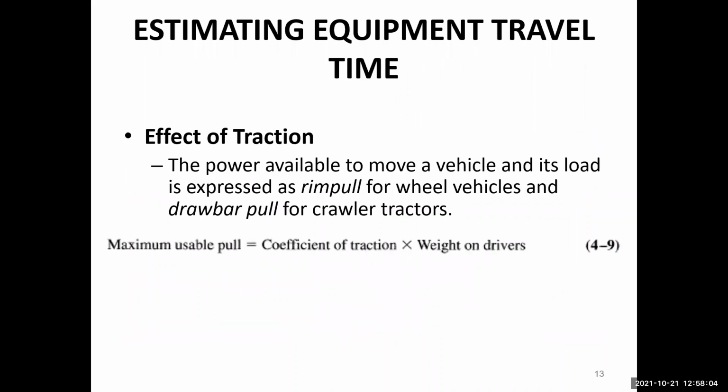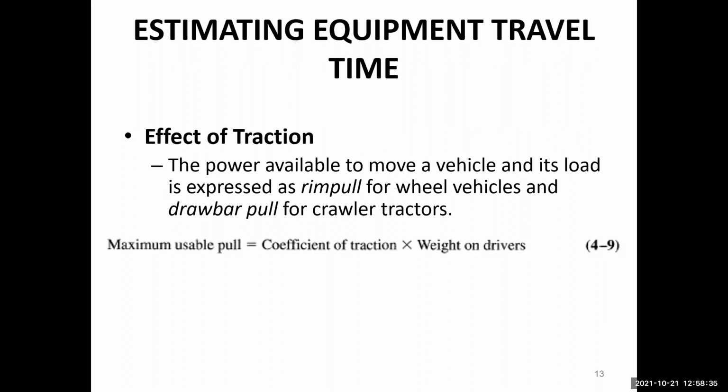Then there is another factor, which is called the effect of traction. The power available to move a vehicle and its load is expressed as rim pull for vehicles and drawbar pull for crawler tractors.